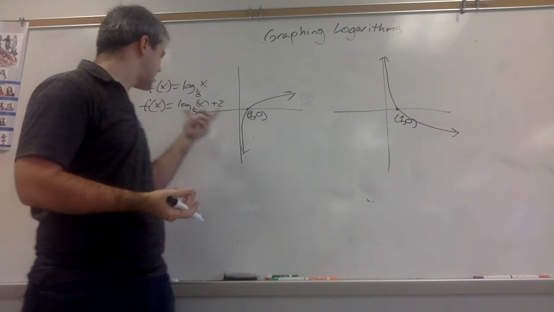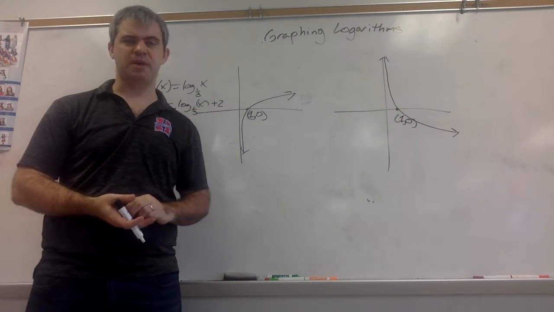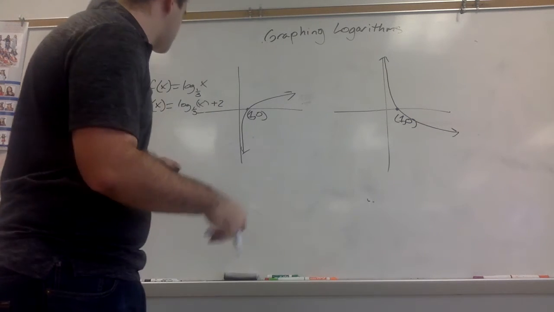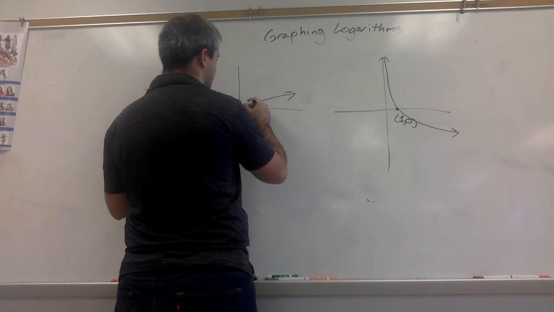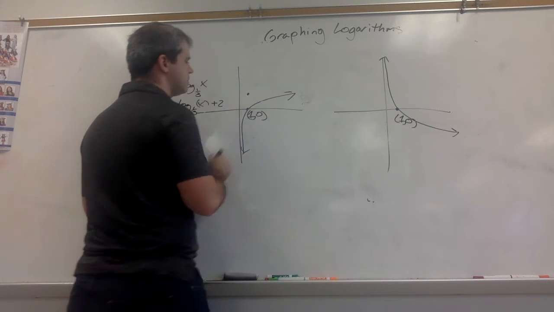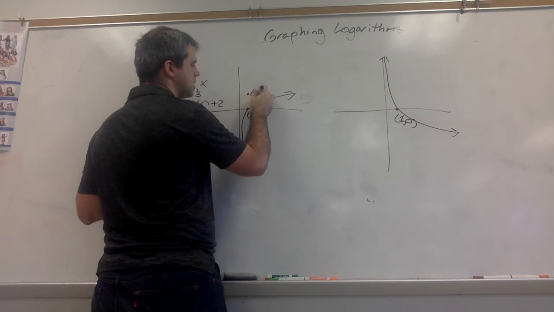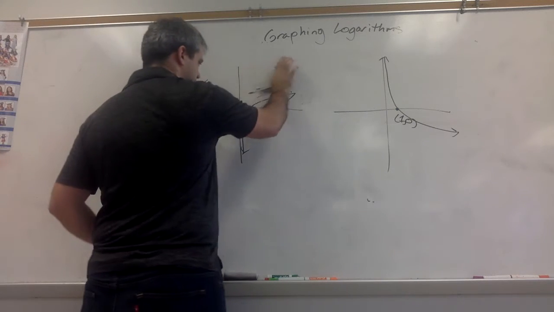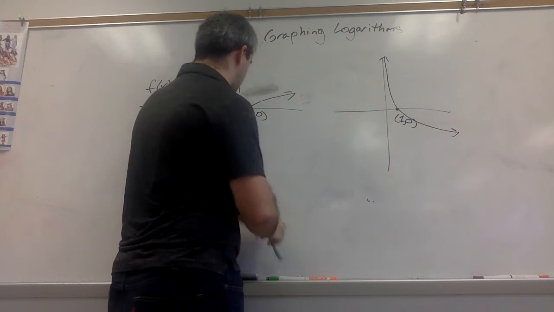So what happens if I take my output and I increase it by 2? Output, that's y's. So I'm going to take all my outputs and increase them by 2. So now I'm going to be starting at 1, 2. I should probably use a different color. Excuse my smudges.